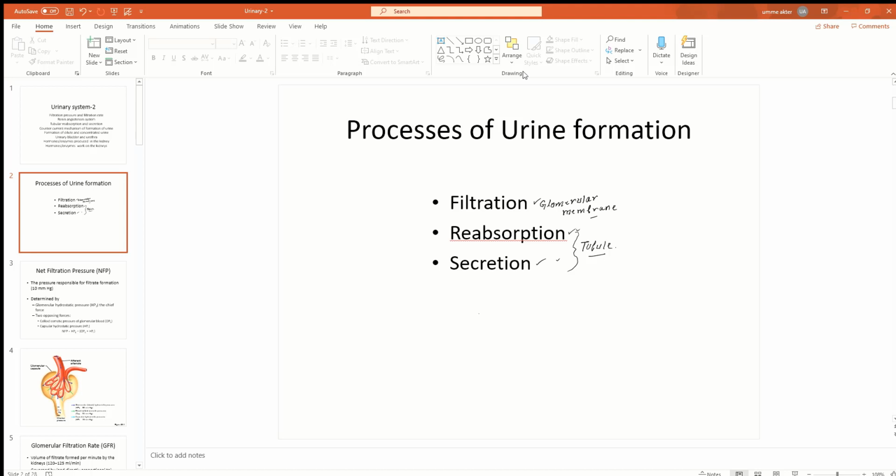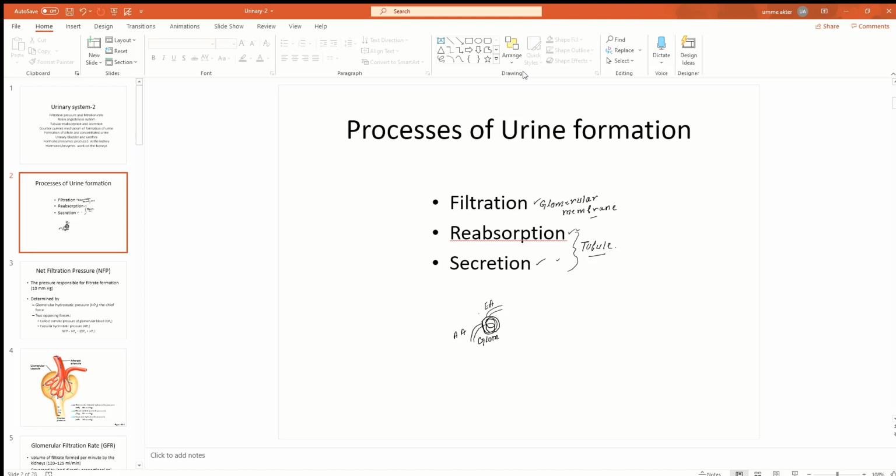Let me quickly go over again. You must remember the afferent arteriole, then a tuft of capillary or a ball of capillary, right? That is called the glomerulus, and the efferent arteriole. Okay, so this is afferent arteriole, this is efferent arteriole, and this is the glomerulus.